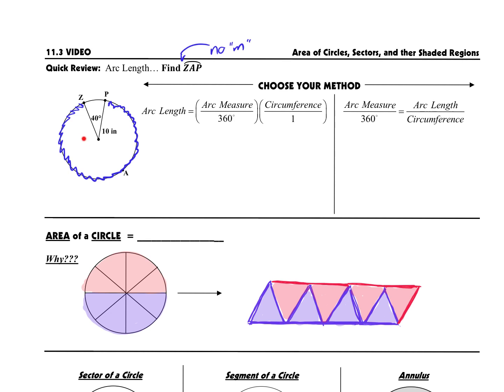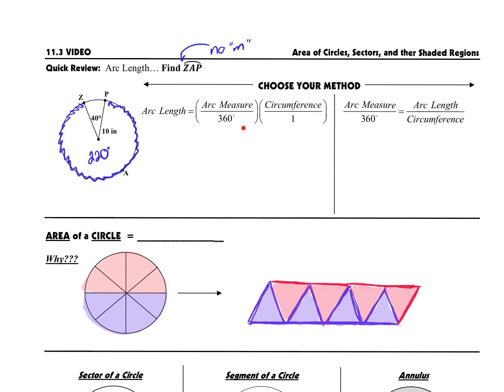Now, since we don't currently know the measure of this arc, and this angle here is 40, we can automatically fill in that the remaining portion of the circle is 220 degrees. Now, in terms of our 2 methods, remember, this is a choose your method. You are not going to do both of these.